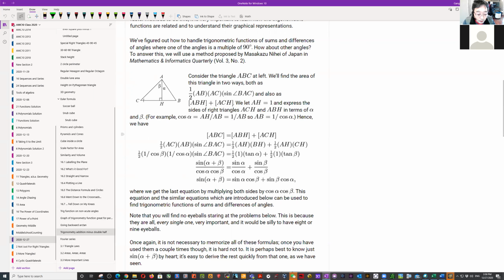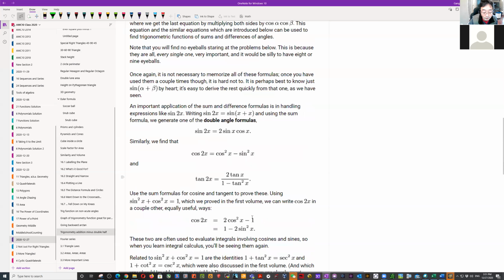So basically you are able to create two triangles with alpha and beta, and with the side relationships, you are able to show that sine of A plus B, the sine of the combined angle, is equal to sine A multiplied by cosine B plus sine B multiplied by cosine A. So this is the identity for the sum of angles in trigonometry.